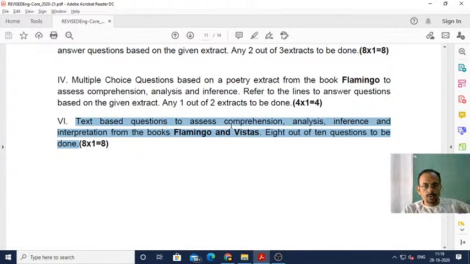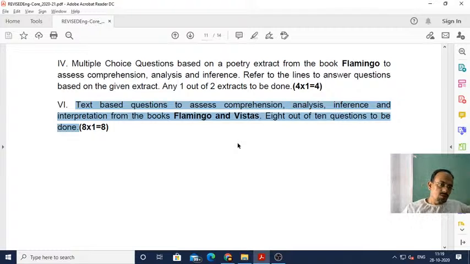Text-based questions to assess comprehension, analysis, inference, and interpretation from the books Flamingo and Vistas. There will be a total of 9 questions, out of which you've got to answer 8 questions of 1 mark each. These questions will be from Flamingo and Vistas together.